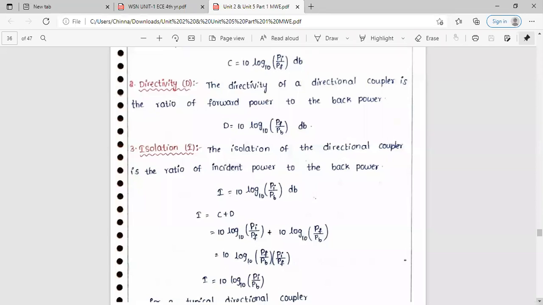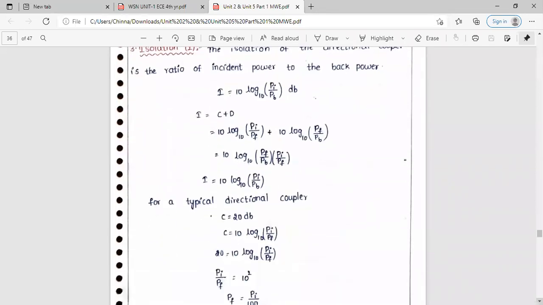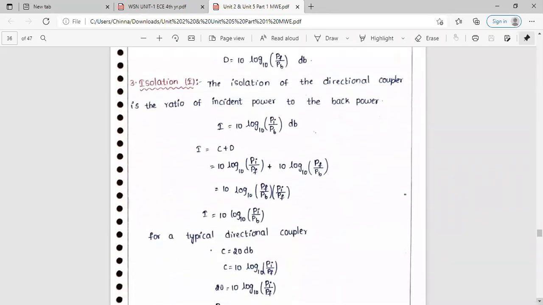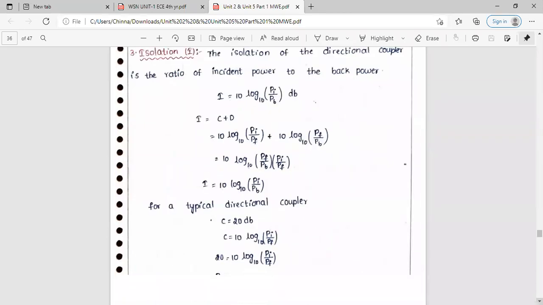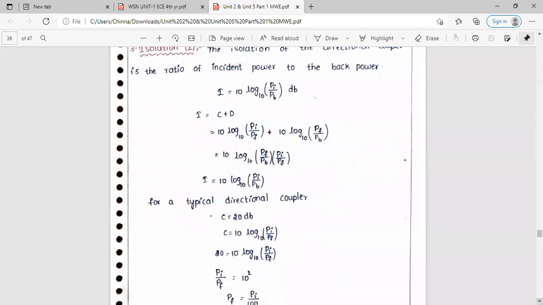And coming to the isolation, the isolation of the directional coupler is defined as the incident power to the backward power, port 1 to port 3. So isolation I is equal to 10 log base 10 of PI by PB dB. For the proof, here is some derivation.